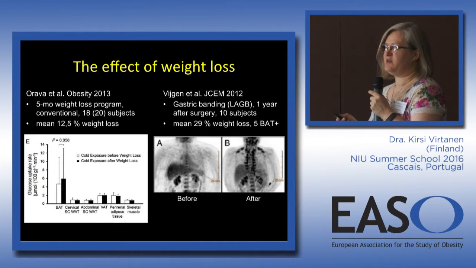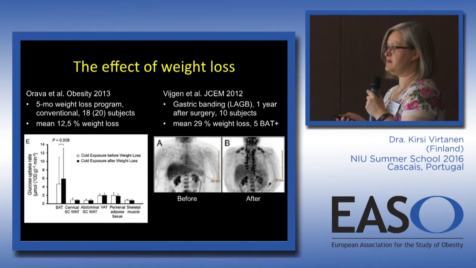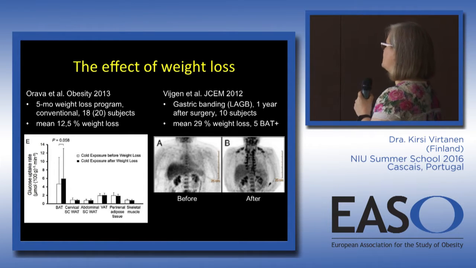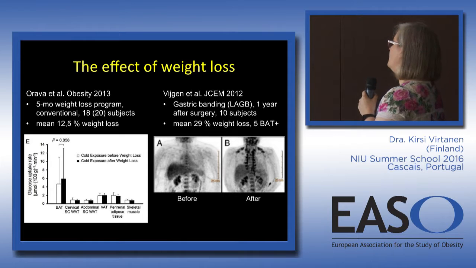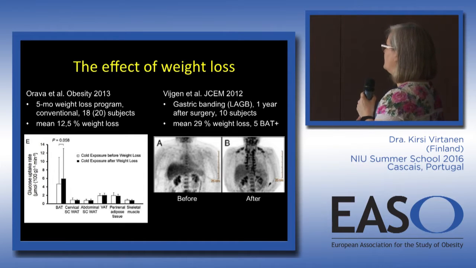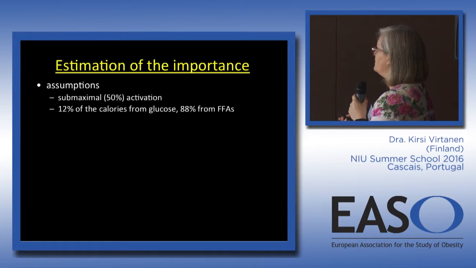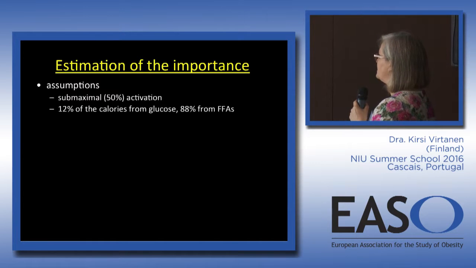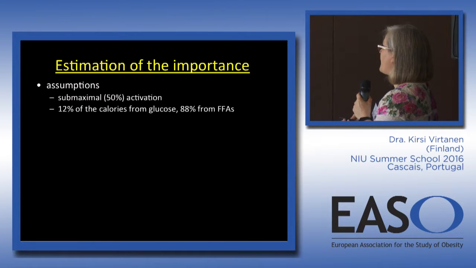What does it actually mean if one has active brown fat? How much energy are you able to consume? This is based on our cold exposure studies, and assumptions are made that approximately 10% of calories come from glucose and the rest from fatty acids.